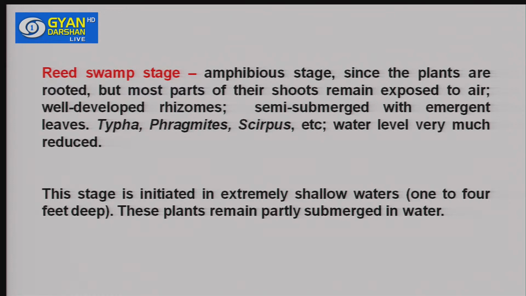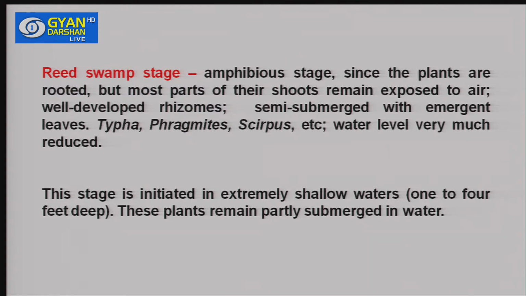So, semi-submerged with emergent leaves. In the earlier case, you had free floating leaves, that means they were in contact with water. But in this case, you have emergent leaves above the water surface. For example, Typha, Phragmites, Scirpus.